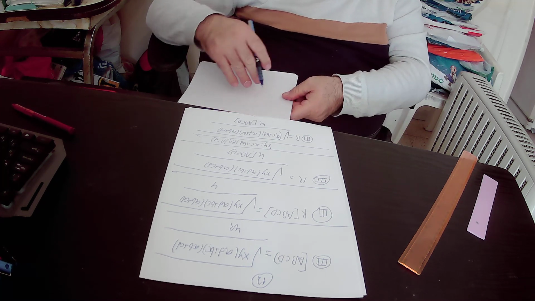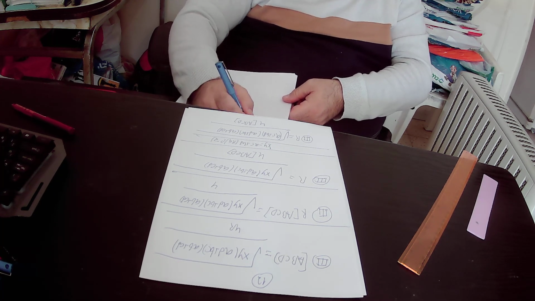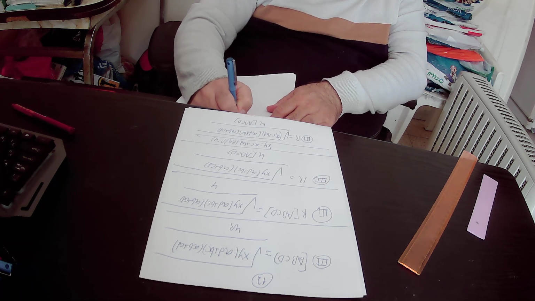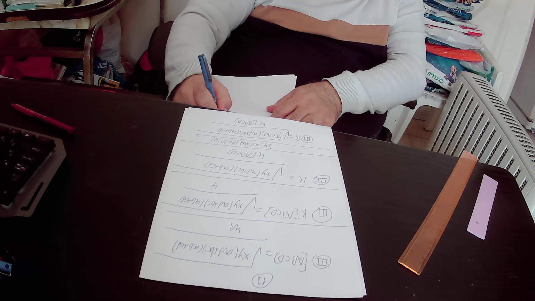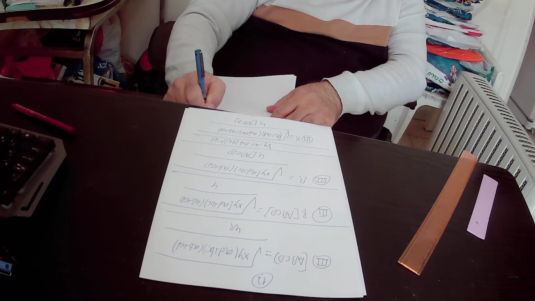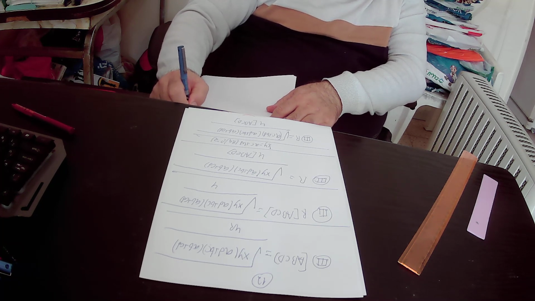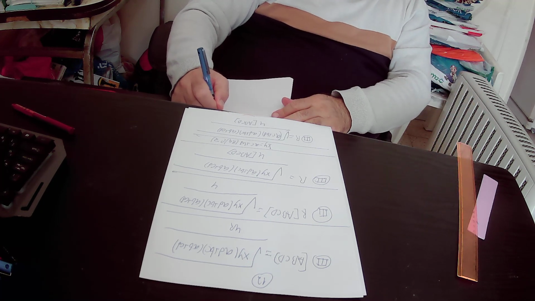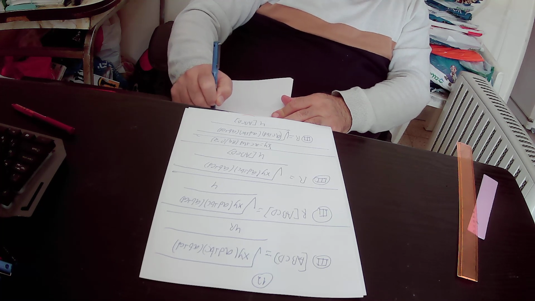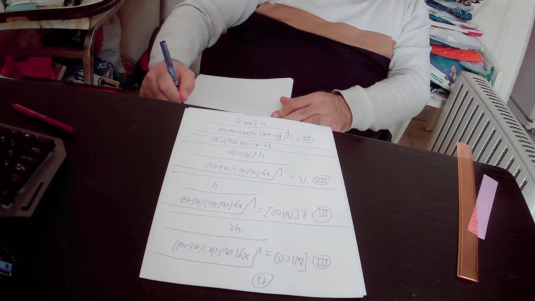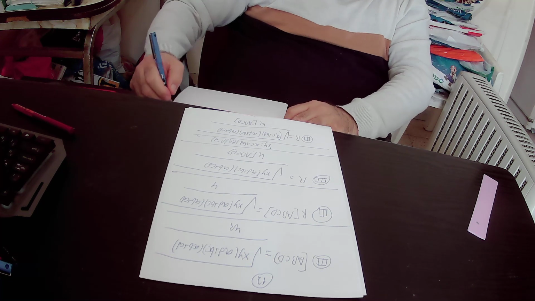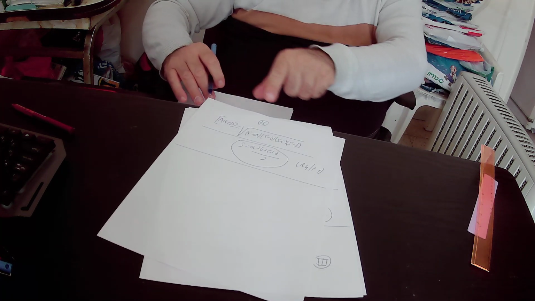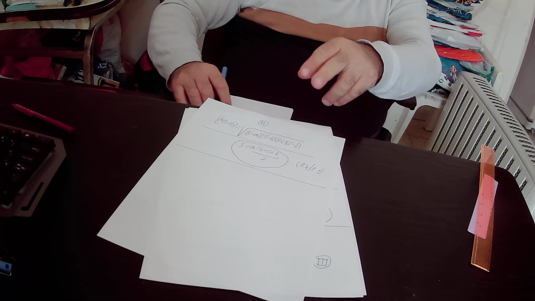I will repeat again: the area of quadrilateral ABCD according to rule number 1 equals the root of (S minus A) times (S minus B) times (S minus C) times (S minus D), and S equals (A plus B plus C plus D) over 2.